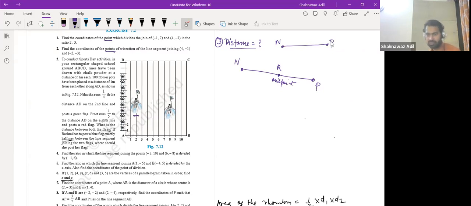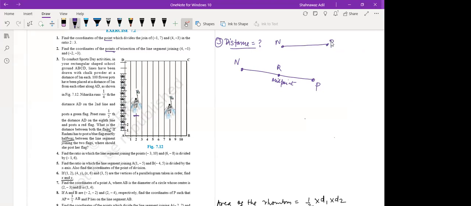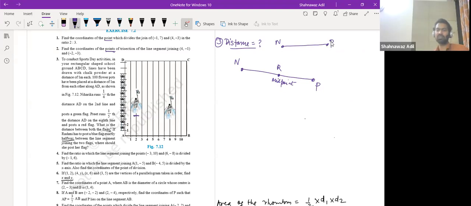Yes, Rifa. What should we use to calculate the distance? The distance formula. Absolutely right. So we have to use the distance formula. But for the distance formula, we need the coordinates, right? So this is the second line, which means what is the x coordinate of Niharika?